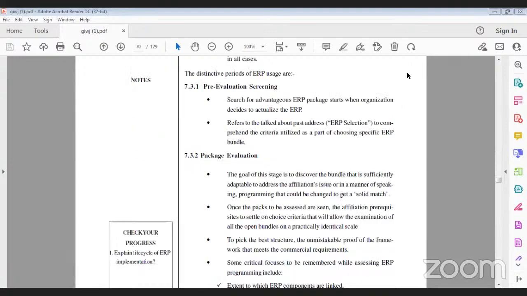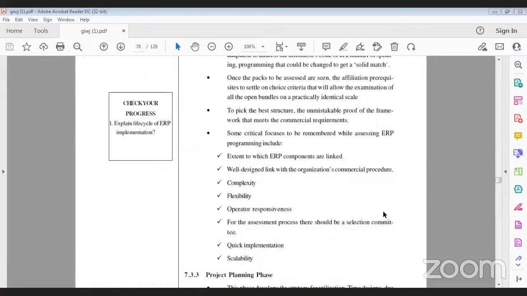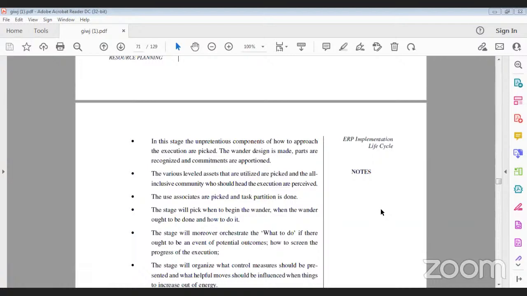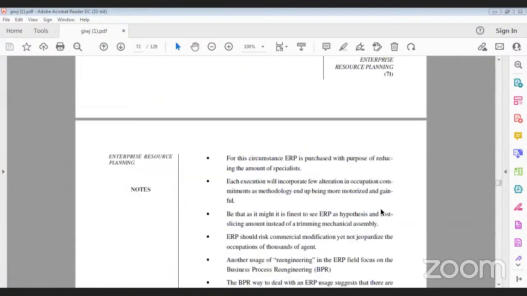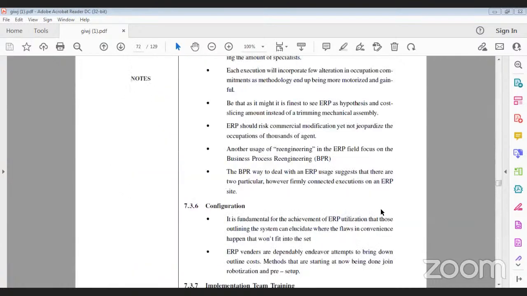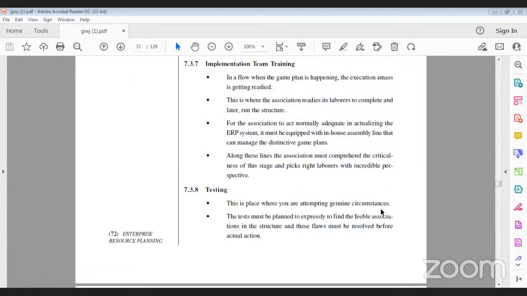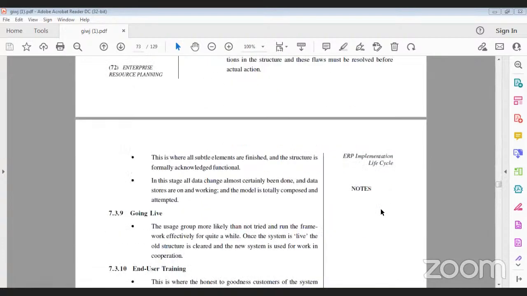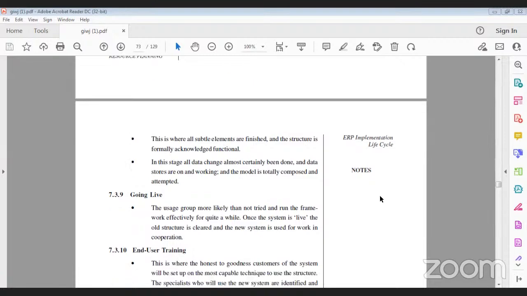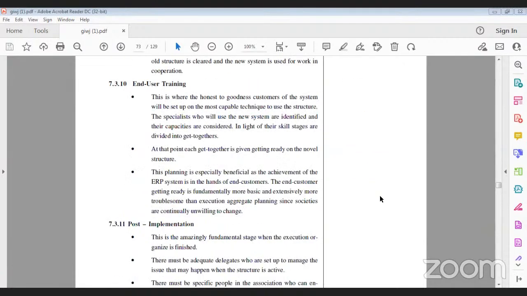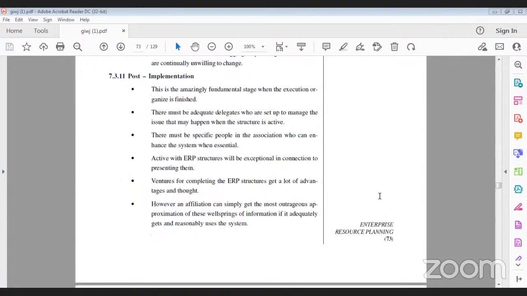The usage of the group is likely not to run the frameworks effectively for quite a while. Once the system is live, the whole structure is clear, with work and cooperation. And then end user training, then post implementation.